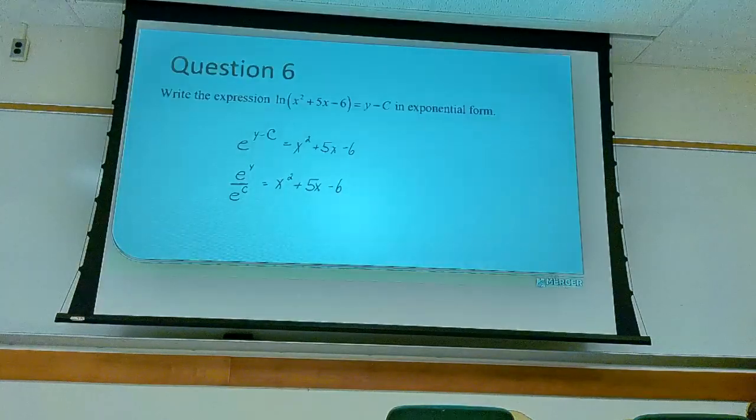What's 1 over a number? 1 over a number. It's just a number. So we just write it like that. So a is some number.